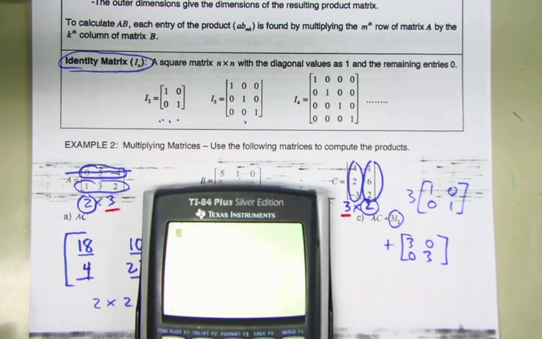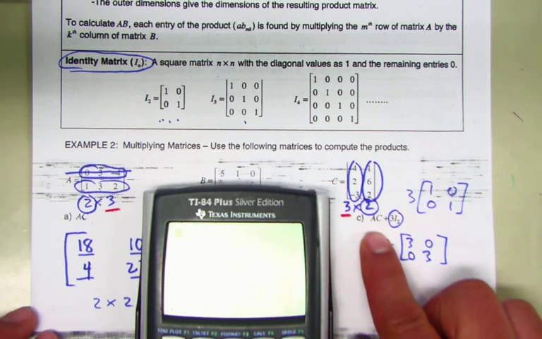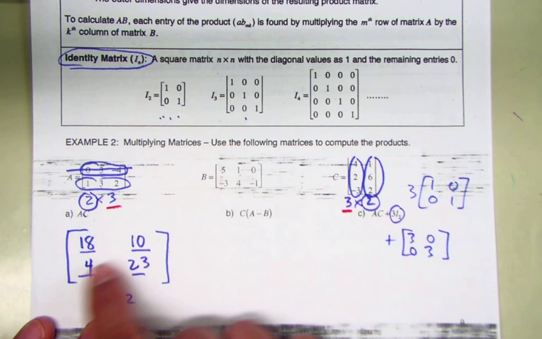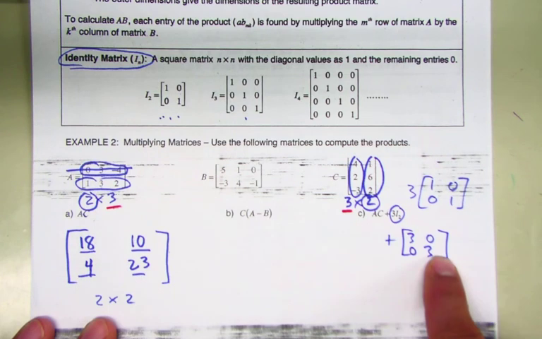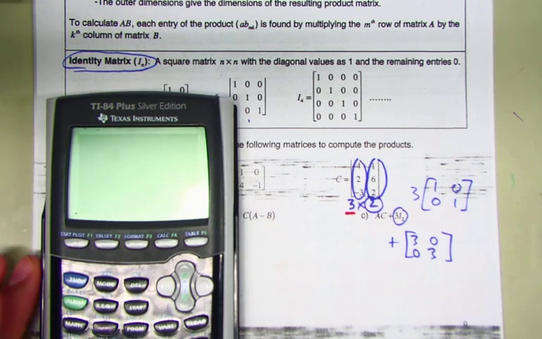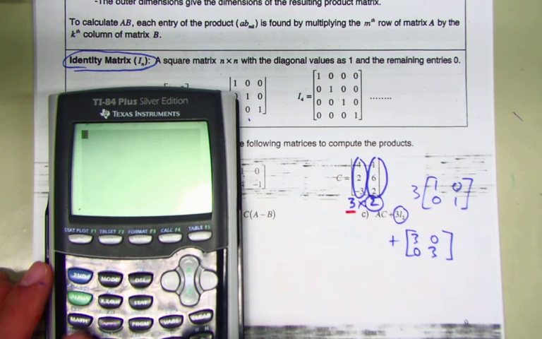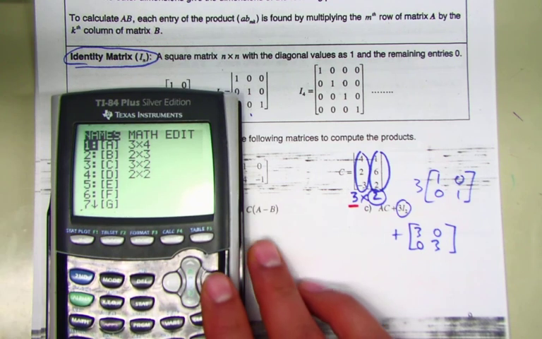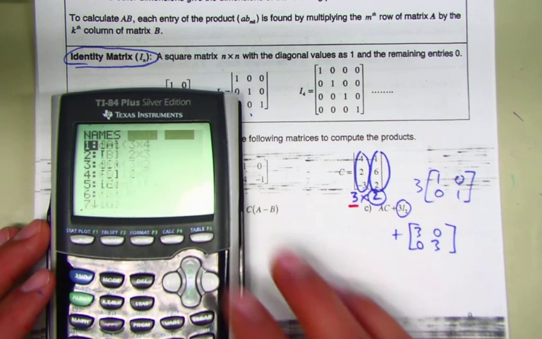So just to review, we already know what the answer is because we did it. 18, 10, 4, 23, that's what I would be adding with this. But just to get comfortable with the calculator again, if you go to the matrix menu, since we're using A and C, I might as well use the same letter, so I'm going to go to Edit.